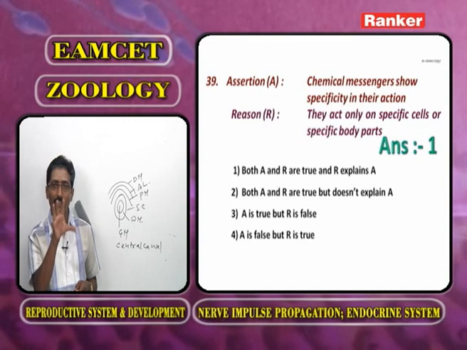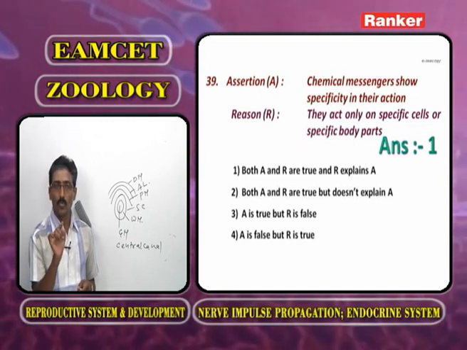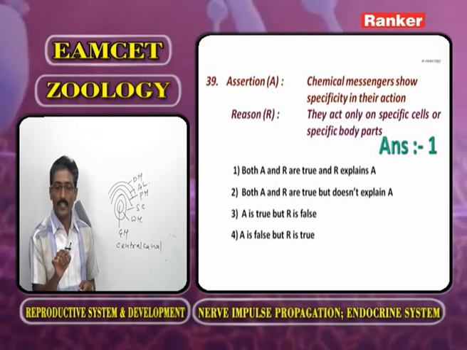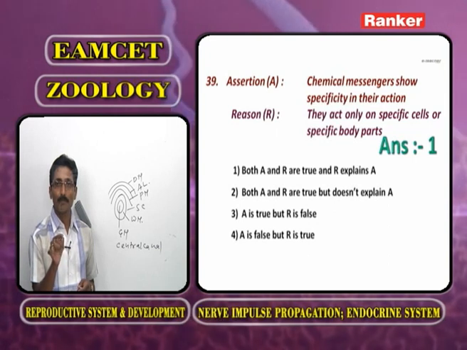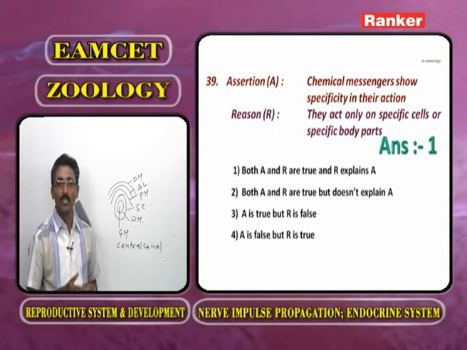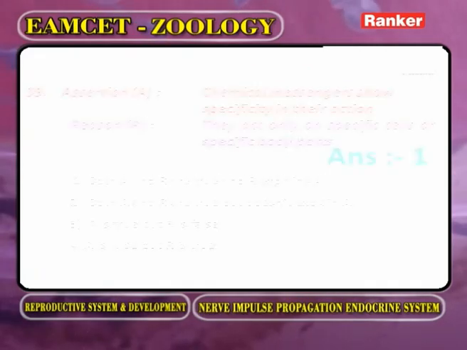Each hormone has a specific target organ, so they act only on specific cells or specific body parts, so it is called specificity. So both are correct, and R explains A. Now the last question.